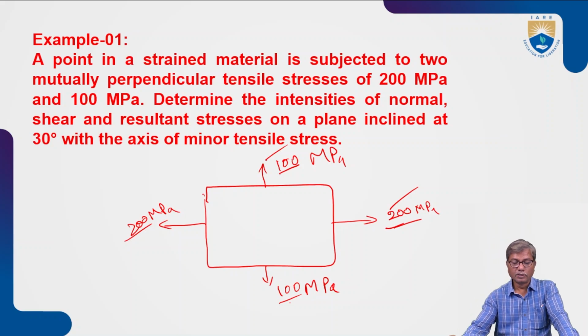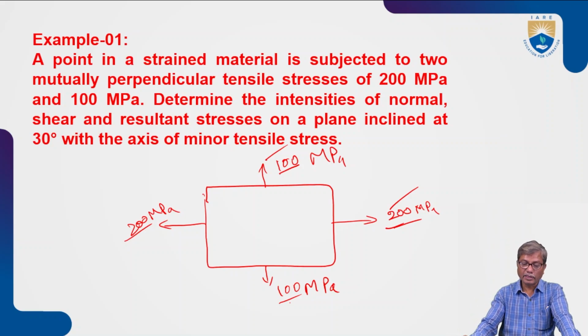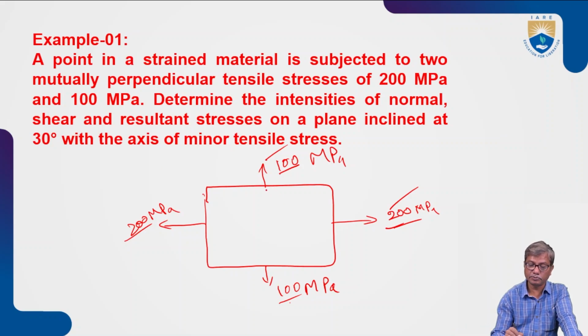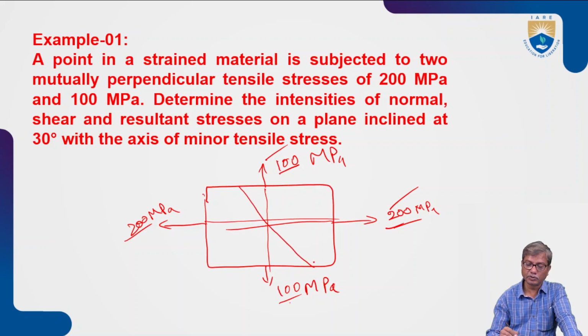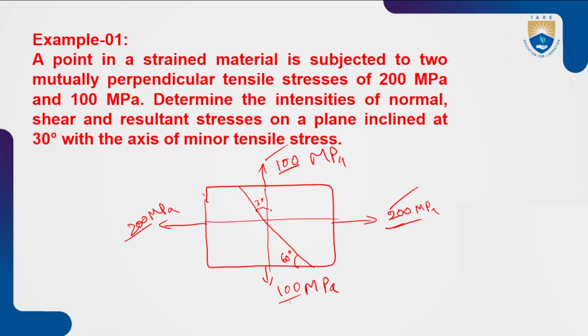Okay. So inclined at 30 degrees to the axis of minor principal. This is the axis of minor principal stress. So the plane is inclined at 30 degrees to this. This inclination is 30. So what will be this? 60. Okay. If this is 30, this will be 60.